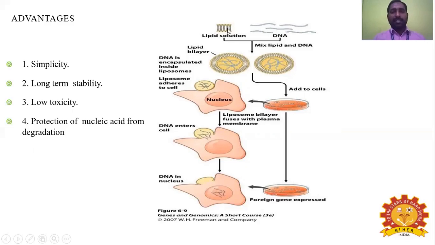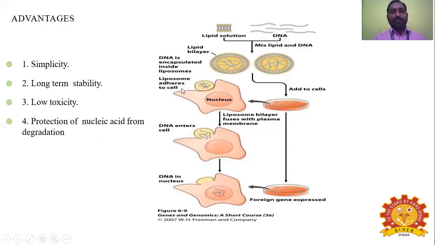So here you can see the lipid solution and the DNA molecules mixed will form a complex like this. Around the DNA you will have the lipid bilayer, and the DNA is encapsulated inside the liposomes.